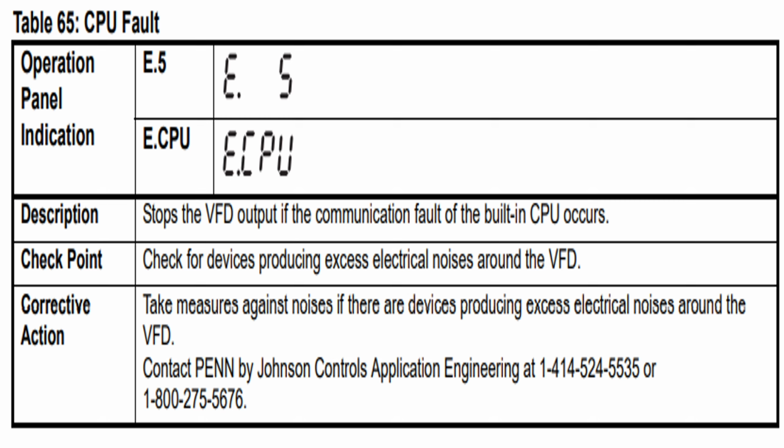If there are devices producing excessive electrical noise around the VFD, and this error is occurring, in that case we have to contact the Johnson Controls manufacturer only. This kind of case requires repair of the card, and they will measure how electrical noise is being created near the VFD.